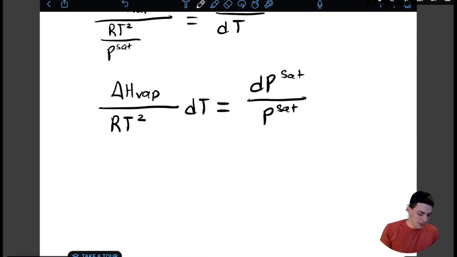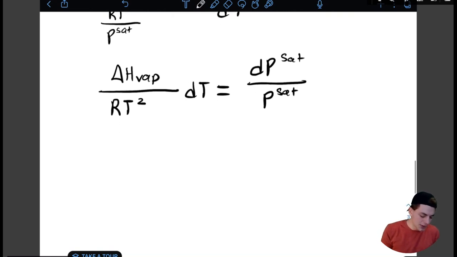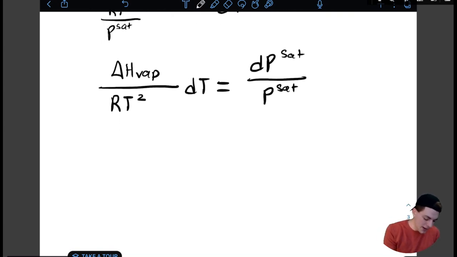So, assuming that the change in enthalpy of vaporization is constant for our system, we can treat it as a constant, and the ideal gas constant as constant, and the expression we will then arrive at should look something like this.